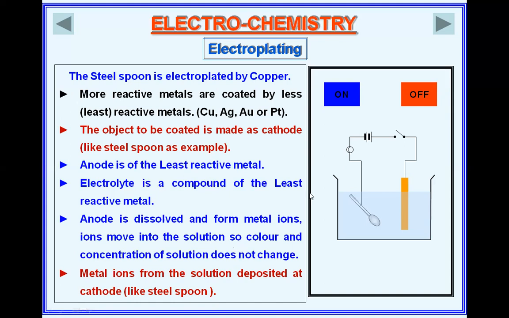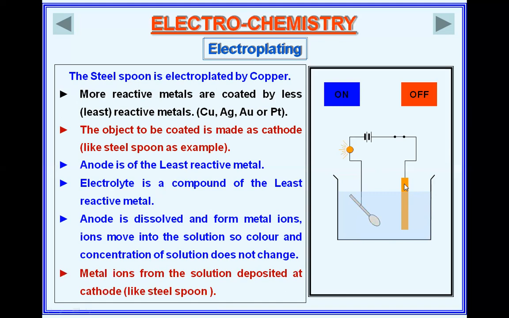Now we have to watch this animated diagram. When we switch on the circuit, electric current flows from anode to cathode, positive to negative plate. The cathode is made of iron steel or a steel spoon, and the anode is made of a least reactive metal like copper or silver, gold or platinum. What happens when the circuit is on?